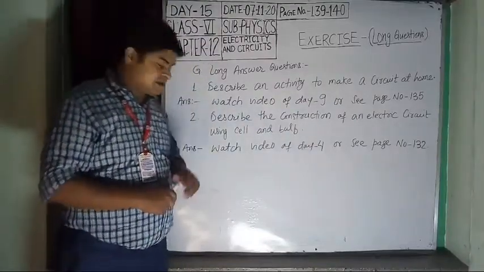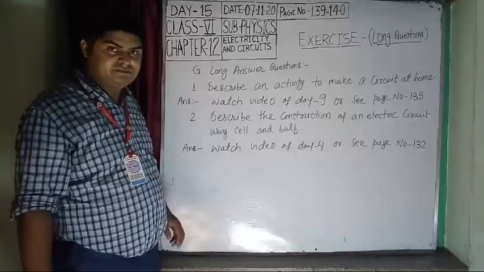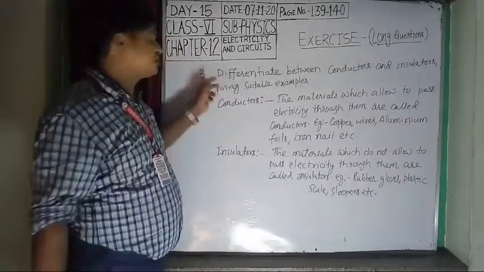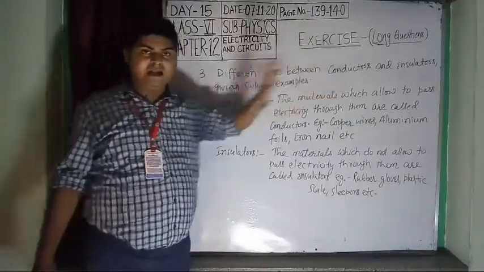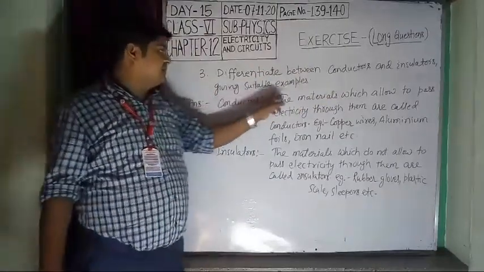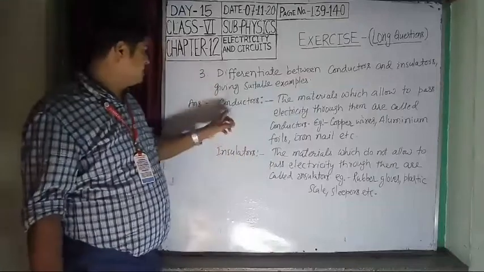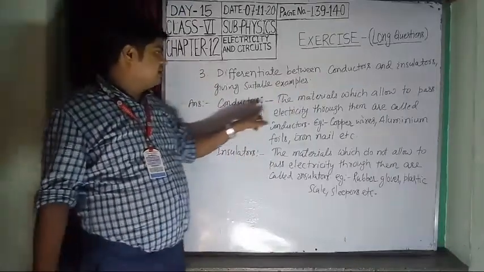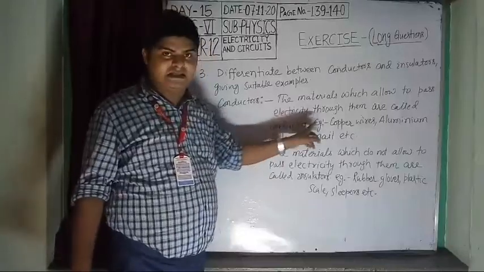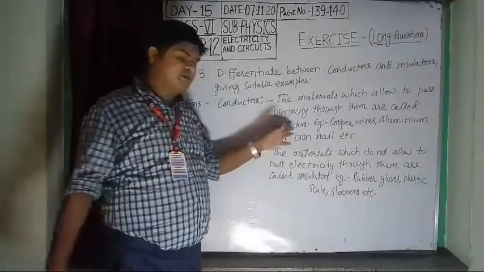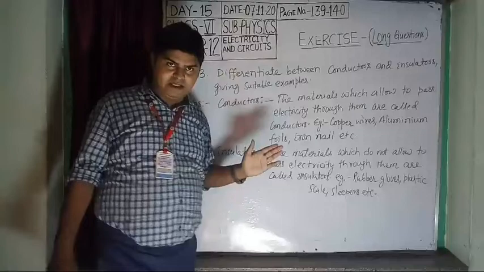Now students, let us see question number 3: differentiate between conductors and insulators, giving suitable examples. You know conductors: the materials which allow electricity to pass through them are called conductors. I have explained this in earlier classes.